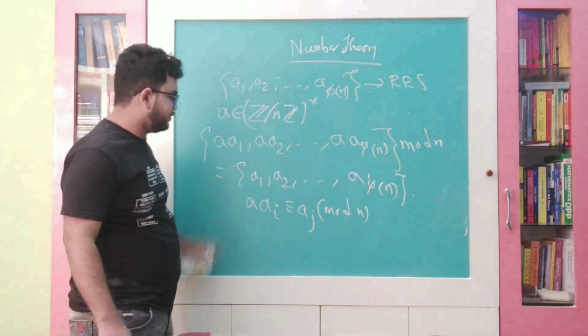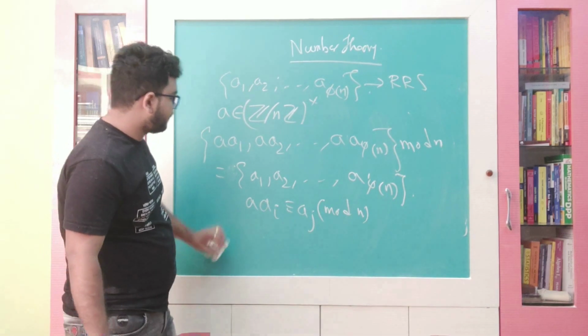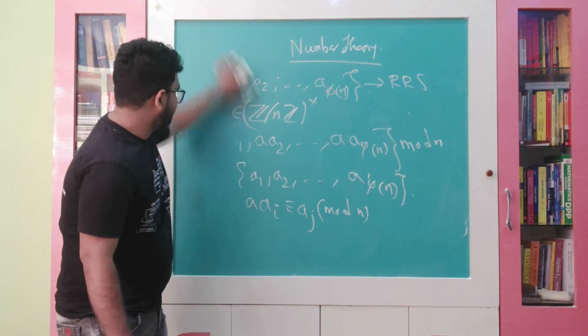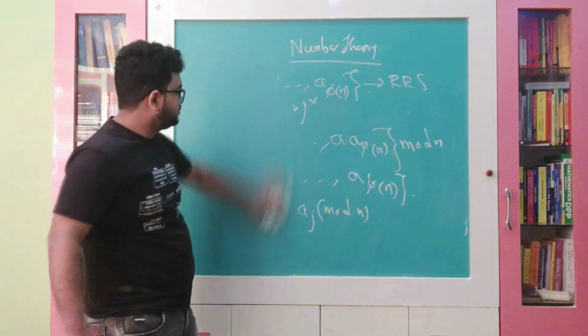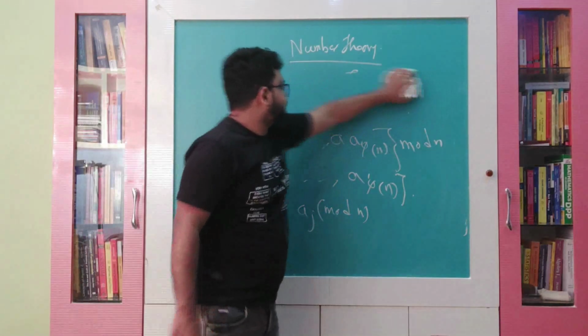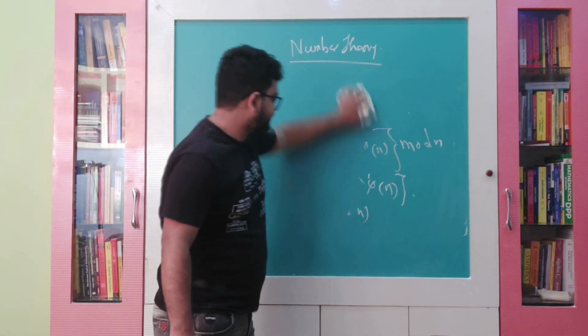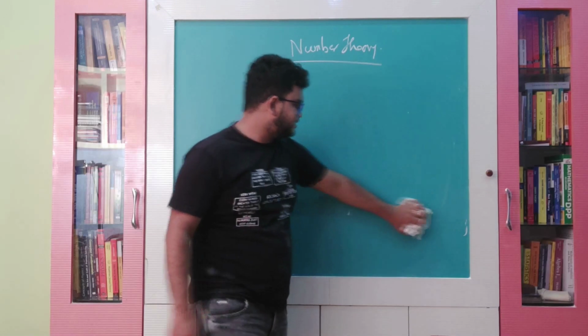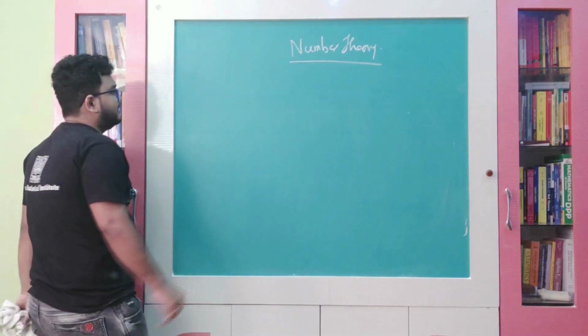AJ mod n by this function. Now, two last things before ending the lecture.